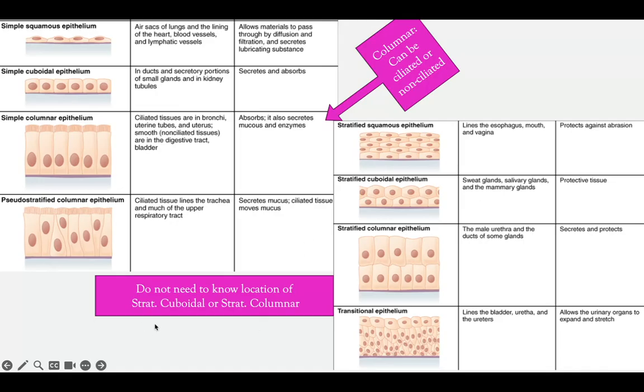Now, with stratified cuboidal and stratified columnar, I'm not interested in you knowing the locations. We do need to be able to identify it, and we should have an idea of how it functions, but we do not need to know the location.